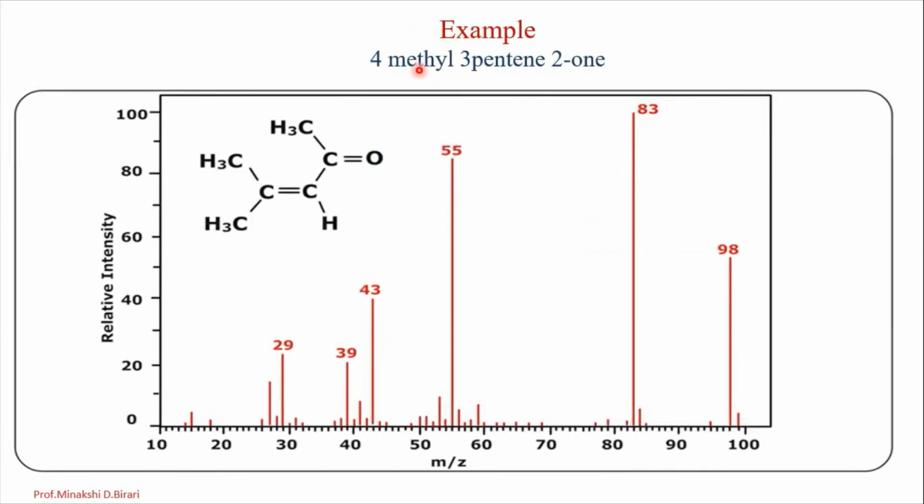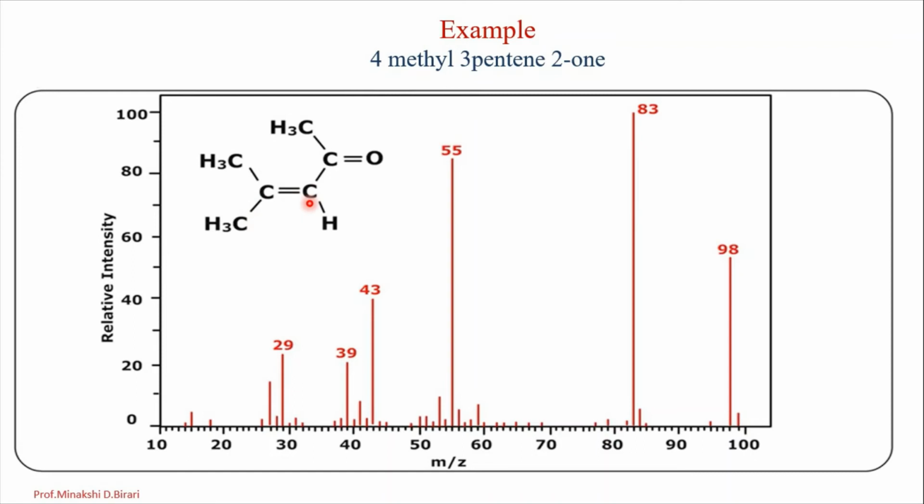This is 4-methyl-3-penten-2-one. In this example, there is no nitrogen, that means the number of nitrogens is 0.